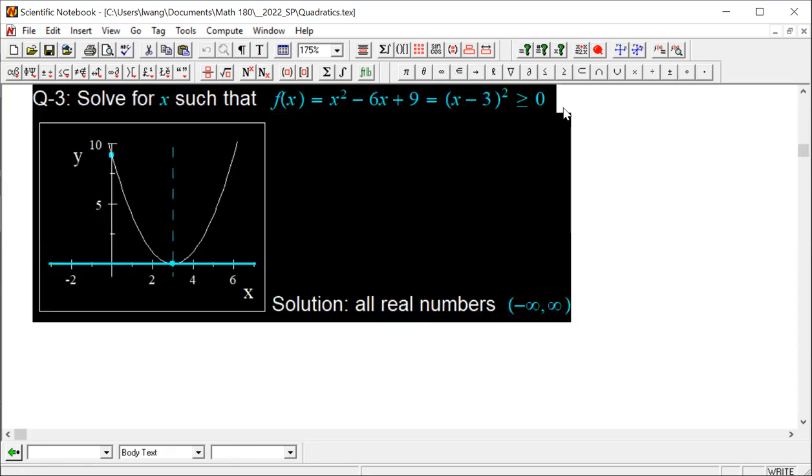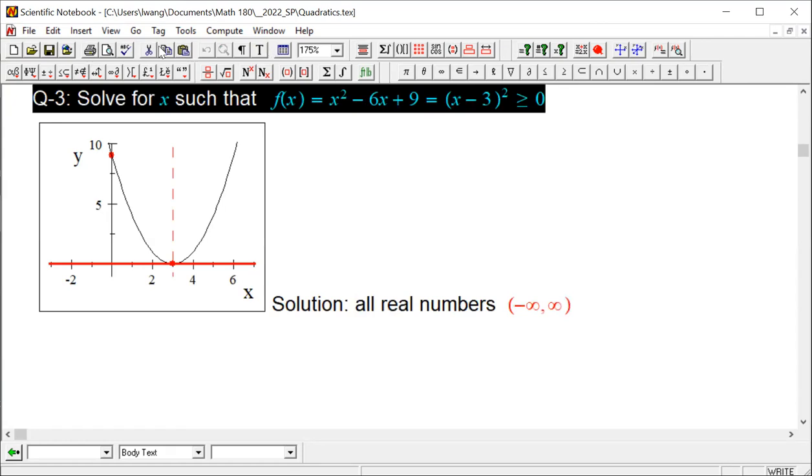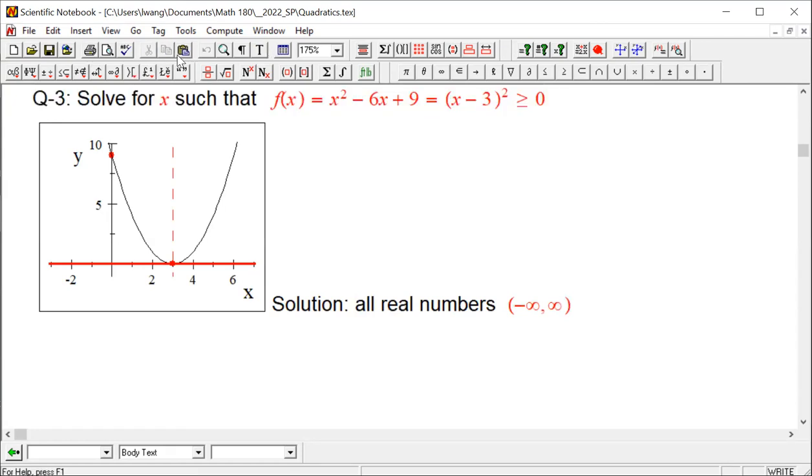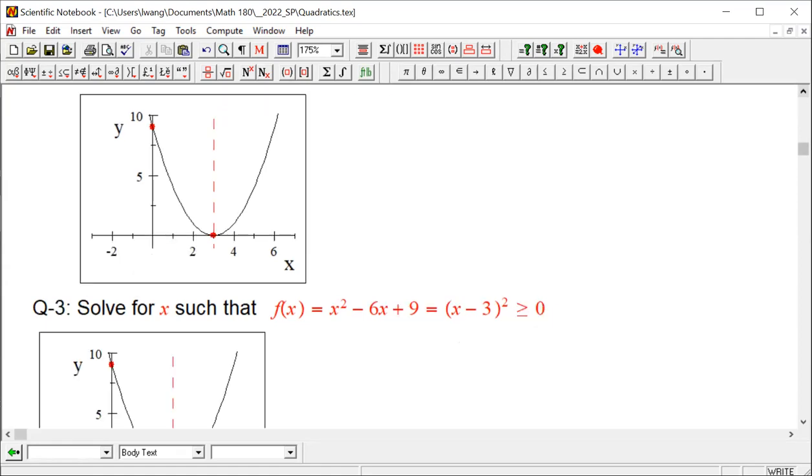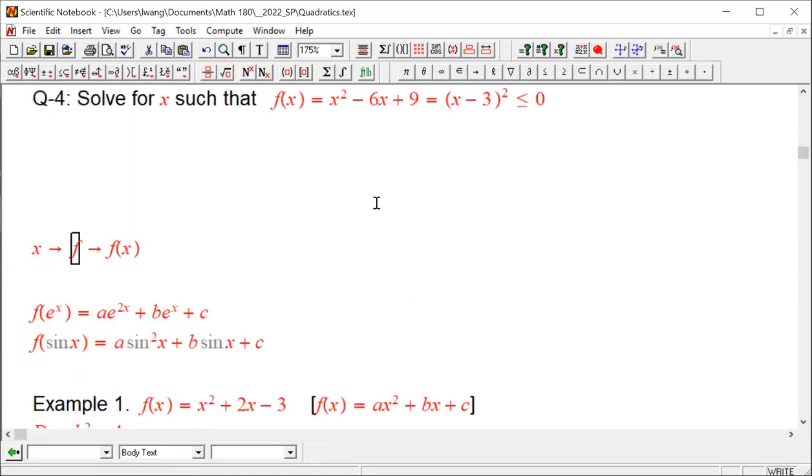Question number 4. If I want that to be less than or equal to 0. Less than 0 is impossible. Could it be equal to 0?